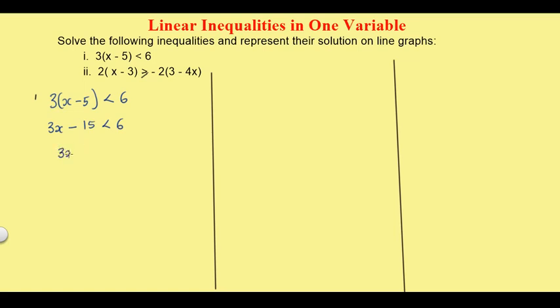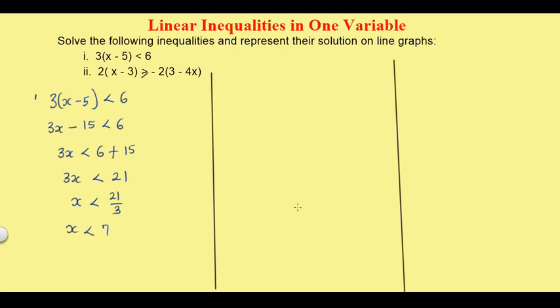That will give us 3x less than 6 plus 15, giving us 3x less than 21. Divide both sides by 3. That gives us x less than 21 over 3, and that says x less than 7.